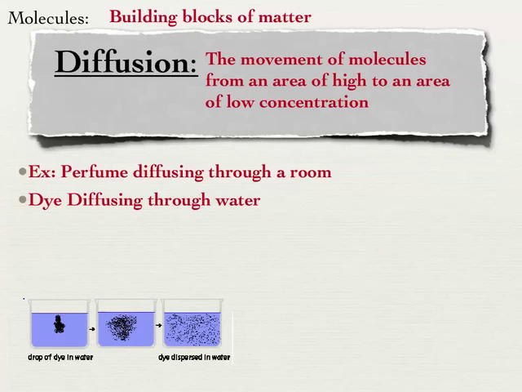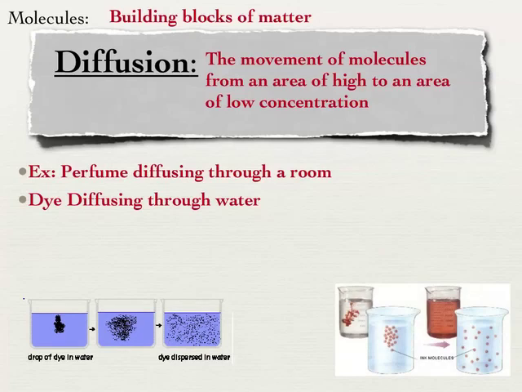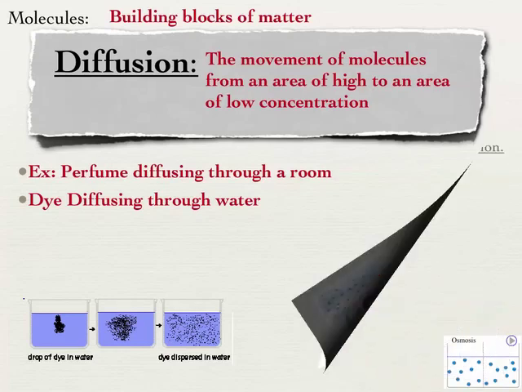And so over time, what's happening? It's spreading out. It's diffusing throughout that water. And eventually, what is this beaker going to look like? Green. Just uniformly green because the molecules are spread out so there's equal concentration throughout that water.